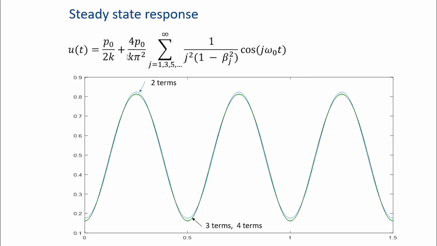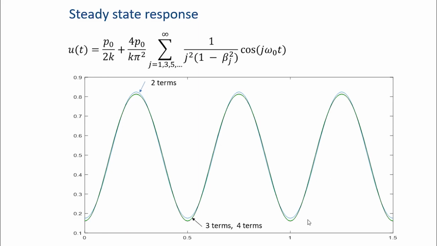So if we consider only the first two terms, that is this term and the first of this term, we would get this blue curve. So this is plotted for some values of p0 by k and omega by omega n. If we consider three terms, we would get this green curve, and if we consider four terms, we would get this black curve.